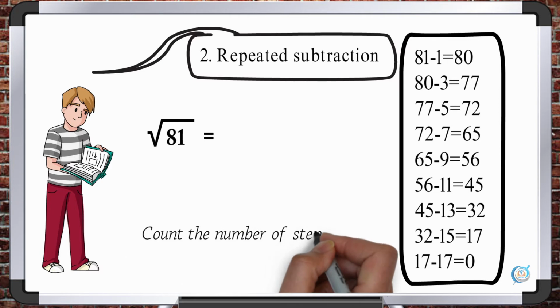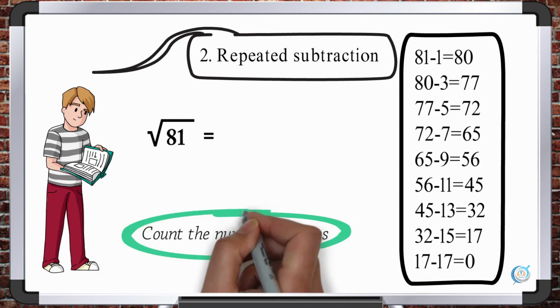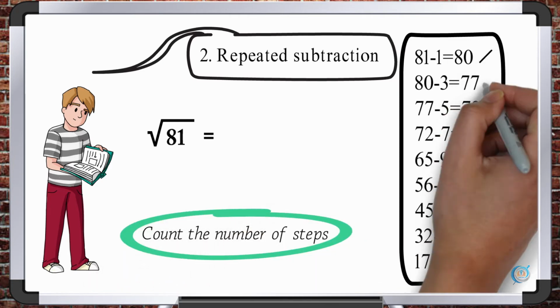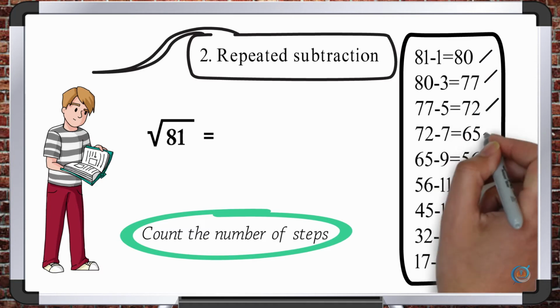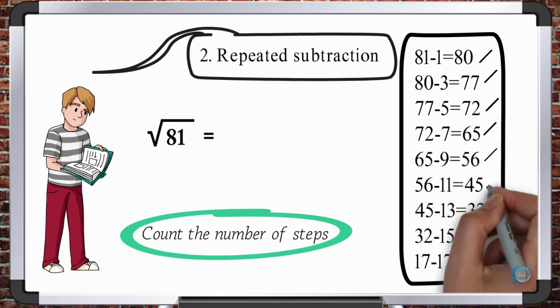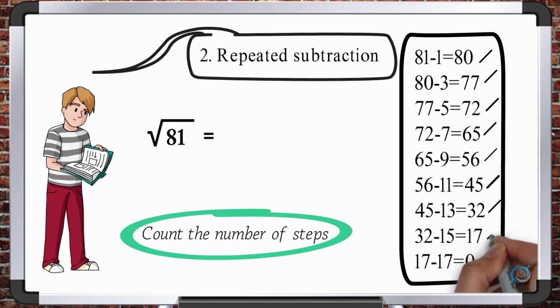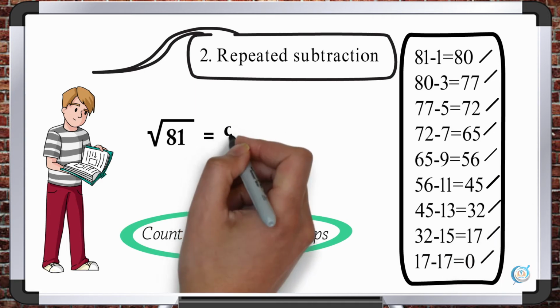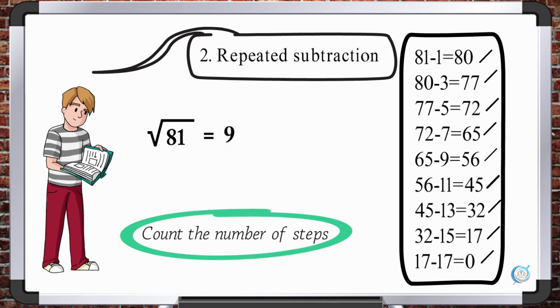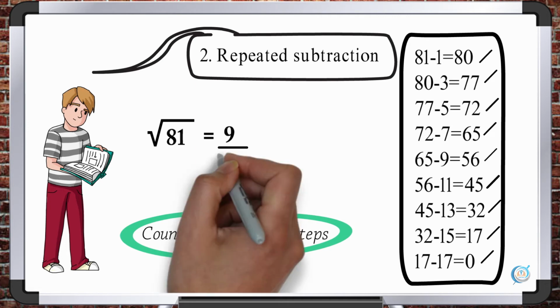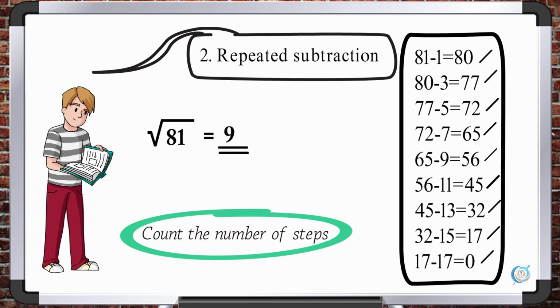Next, we need to count the number of steps given here. So here 1, 2, 3, 4, 5, 6, 7, 8, 9. 9 steps are given. So therefore square root of 81 will be 9.